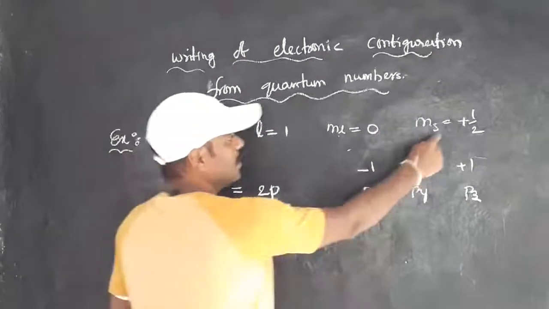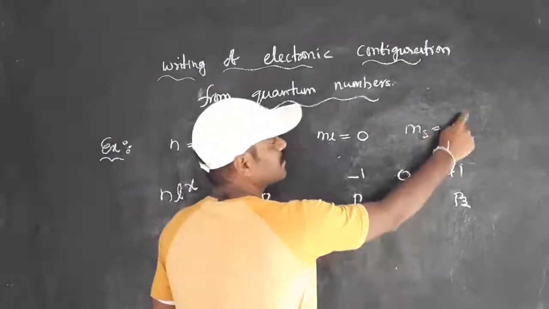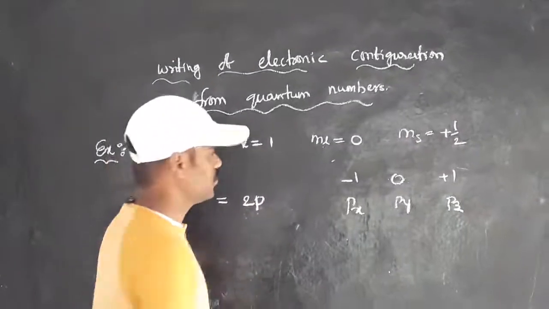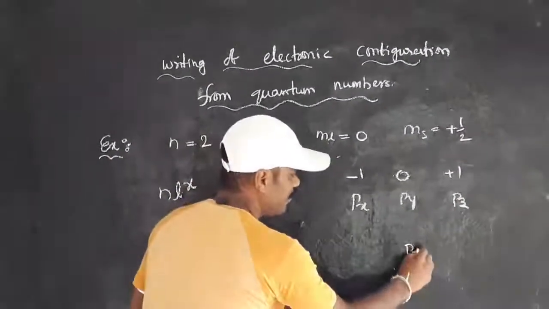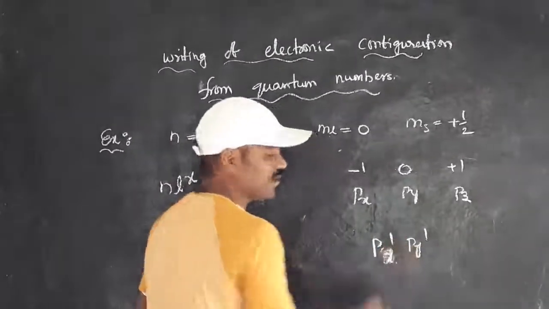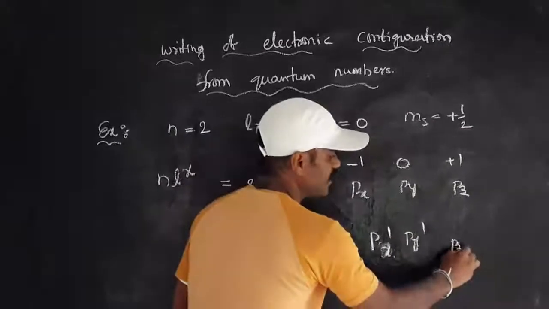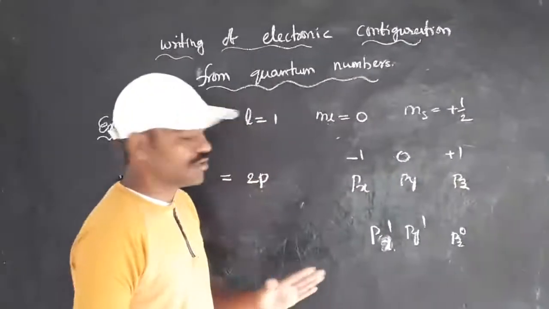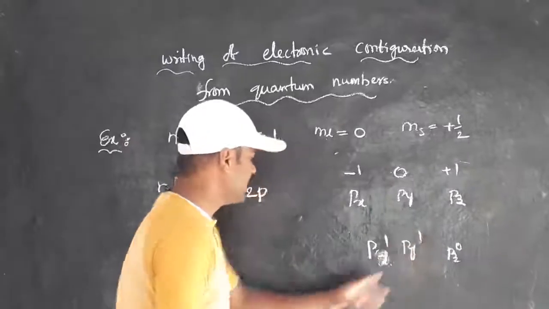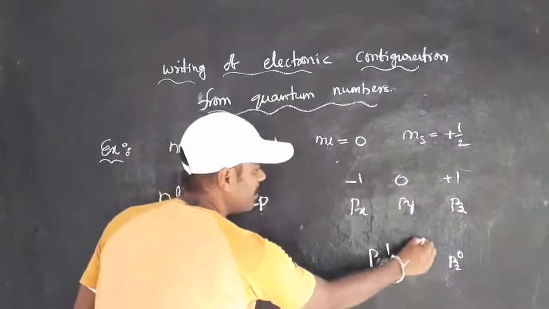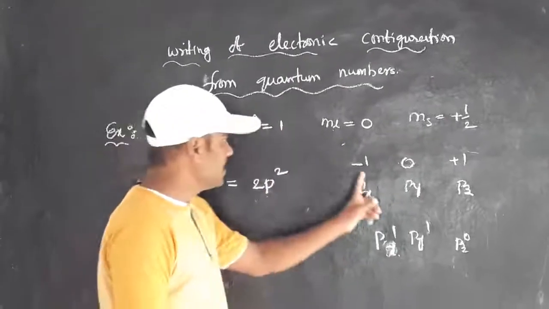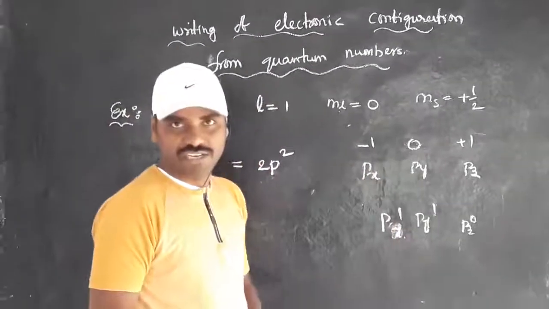Then here we have spin quantum number as plus half. Plus half means it is clockwise rotation. So that indicates the py orbital has 1. That indicates px is already present with 1. But pz does not have any electron, because the final electron stops at py. That indicates px is 1, py is 1. So we have to write p2, because p orbitals are degenerate, right?